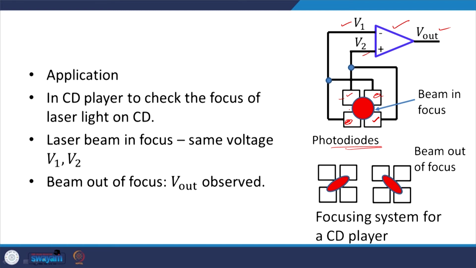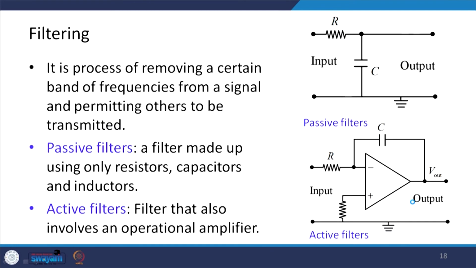Now, when the laser beam is in perfect focus, there is the same voltage, so V1 is equal to V2, and you do not have any signal. And when it is out of focus, either this way or that way, you have a signal. So, this is the application where the comparator is used.